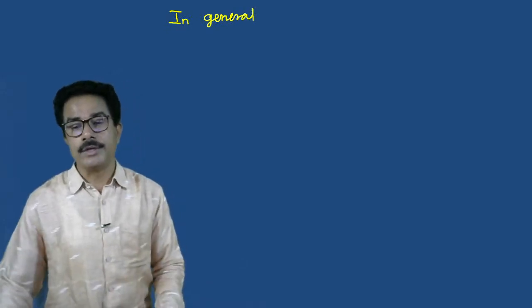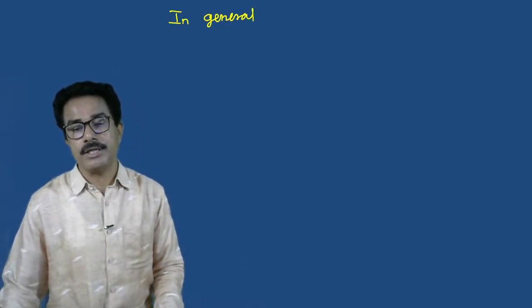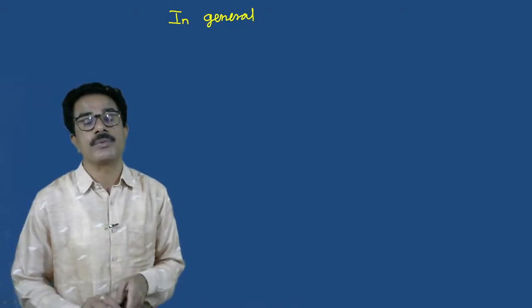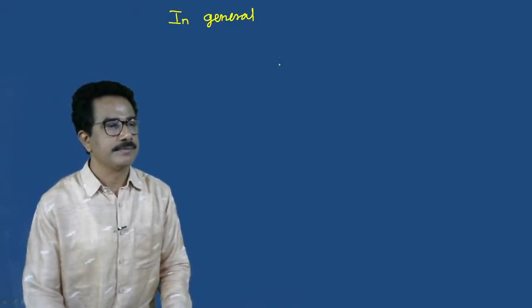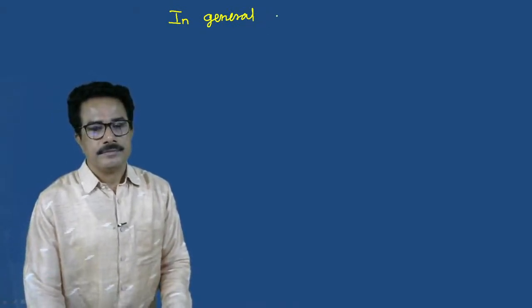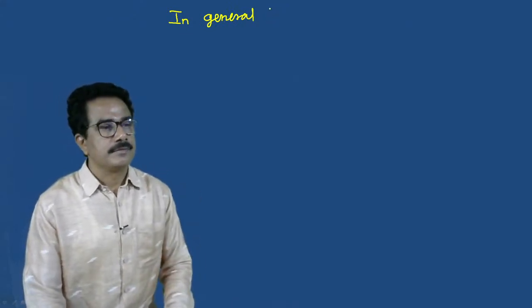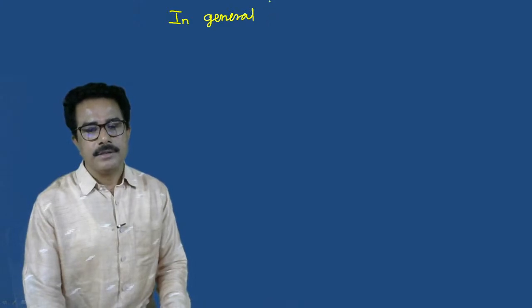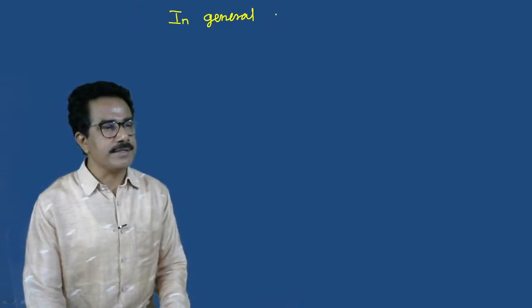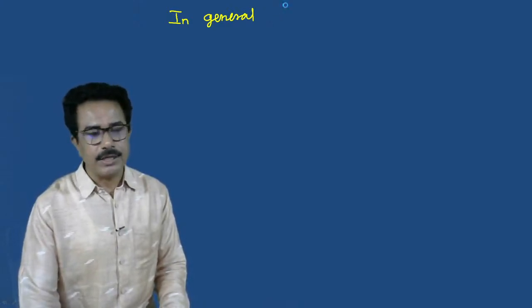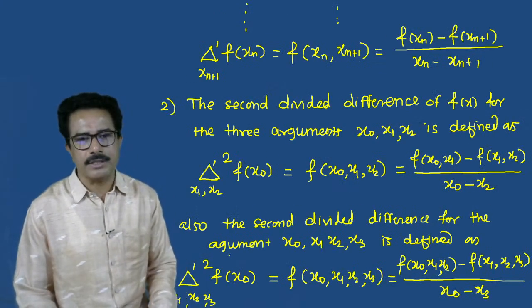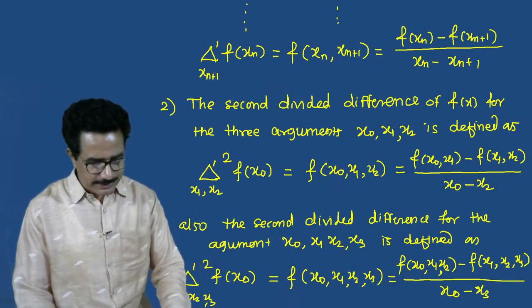In general, now we have to take the second order divided difference of n plus 1 argument. In general, we can take the nth divided difference. इथं ही थर्ड ऑर्डर झाली रे, ही ॲक्च्युअली थर्ड ऑर्डर, हे थर्ड ऑर्डर म्हणतात त्याला, थर्ड ऑर्डर.